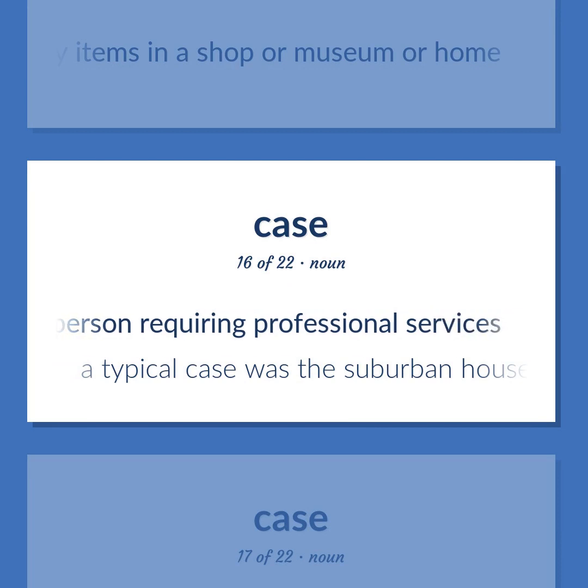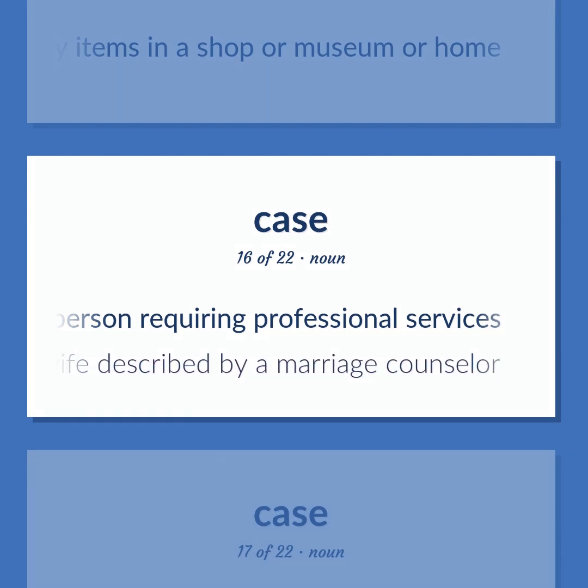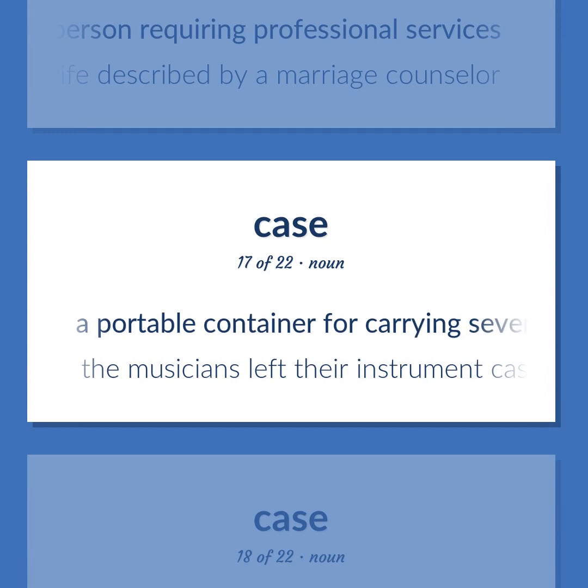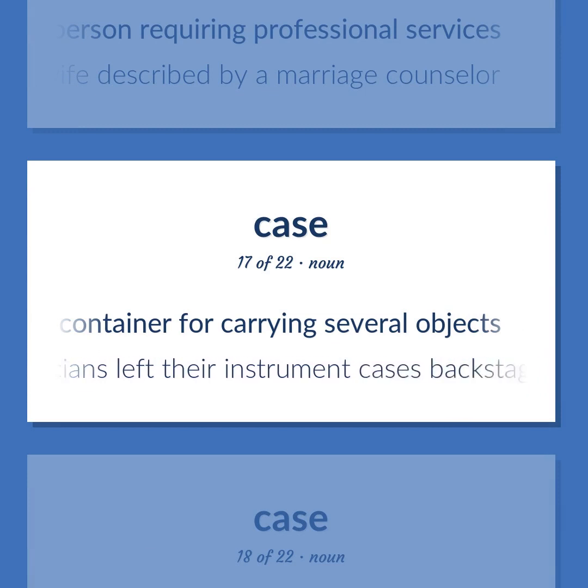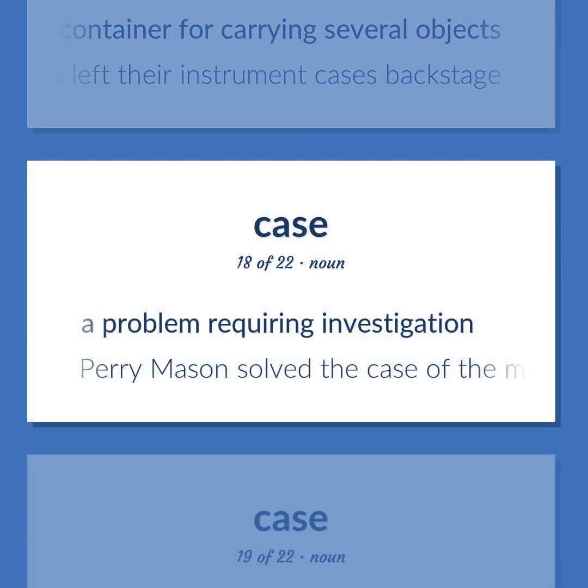A typical case was the suburban housewife described by a marriage counselor. A portable container for carrying several objects. The musicians left their instrument cases backstage. A problem requiring investigation. Perry Mason solved the case of the missing heir.